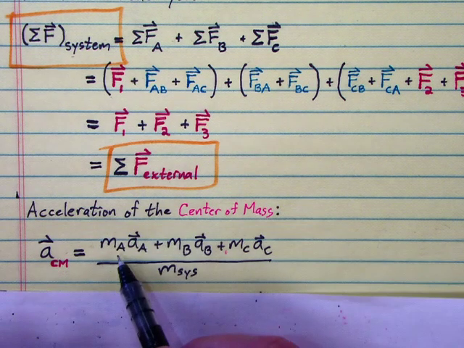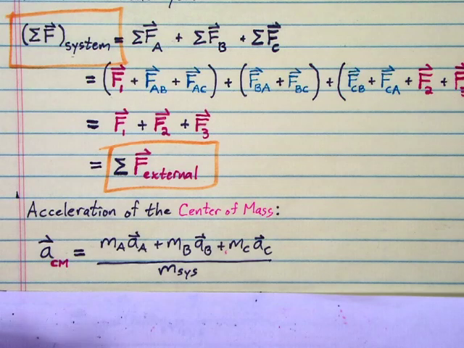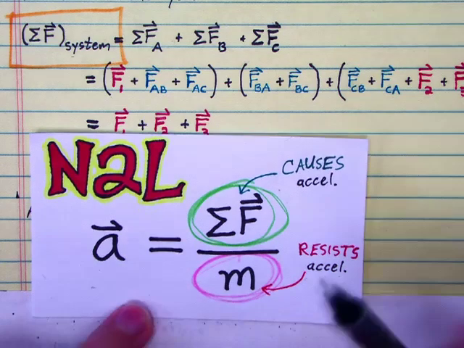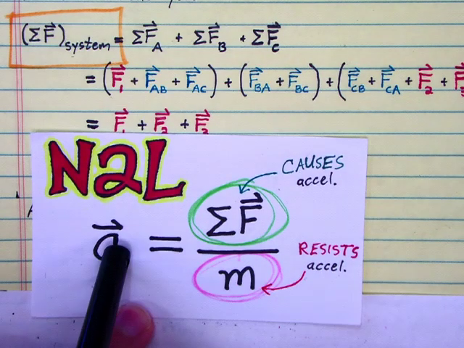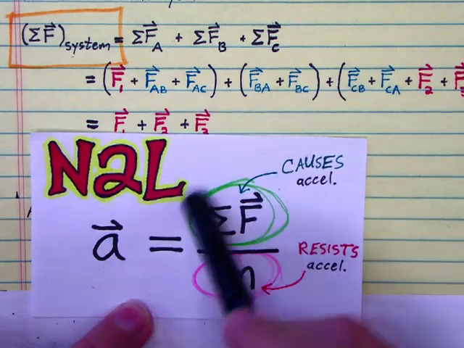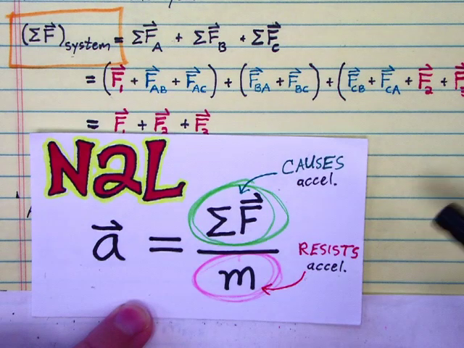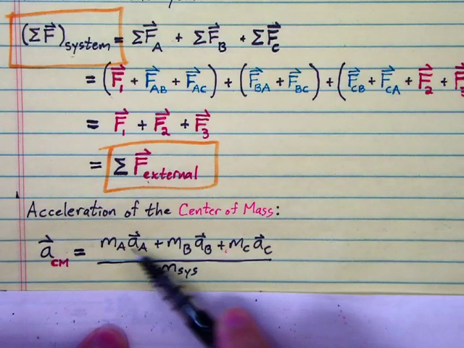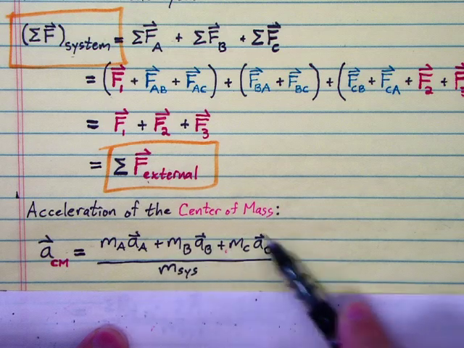Mass of A times the acceleration of A. That looks familiar because from Newton's second law, the mass of an object times its acceleration equals the net force on that object. So this actually represents the net force on A, this is the net force on B, and this is the net force on C.